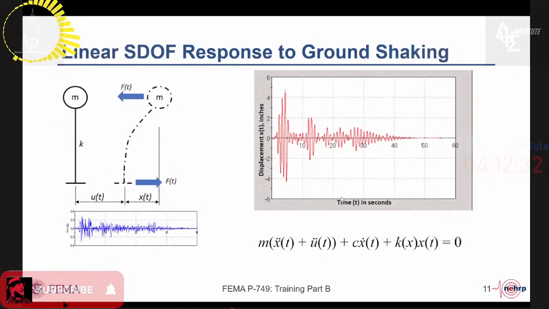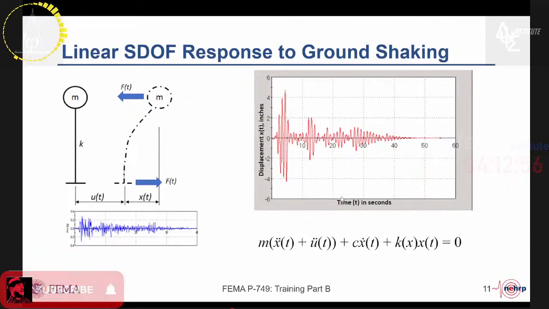If you have a single degree of freedom structure, such as the one I've been talking about, and you want to understand its response to an earthquake ground motion, the most direct method of doing that is by integrating the equation of motion, shown on the lower right-hand side of the slide here. In the equation of motion, the quantity u of t is the displacement versus time function of the ground.